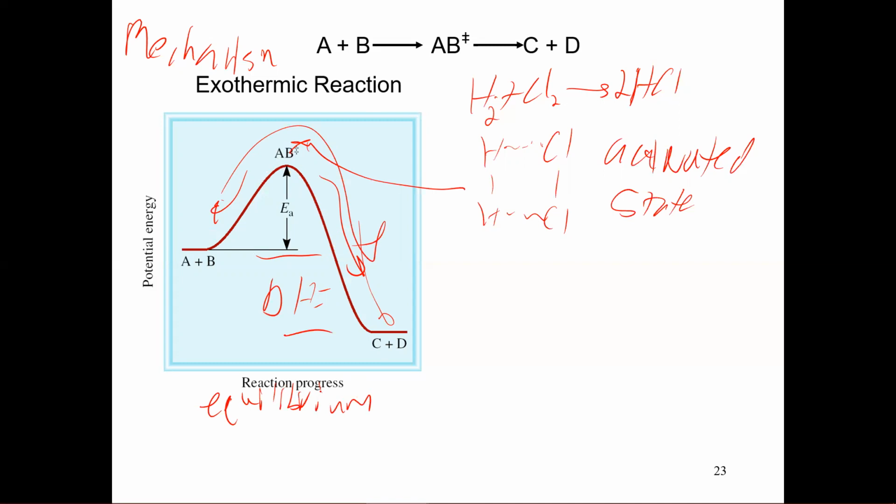All reactions, even exothermic ones like this, will have an equilibrium aspect associated with them. But by and far, with this activated state, almost all will go in this direction all the way to HCl. The activated state is like those two hitting in just the right orientation, and these bonds break, these bonds form, and then you end up going down there, and now you have 2HCl at the bottom.